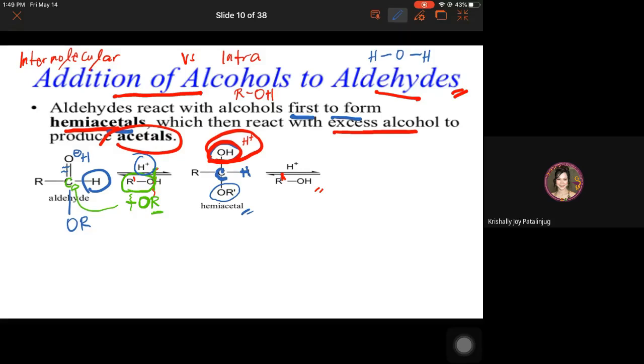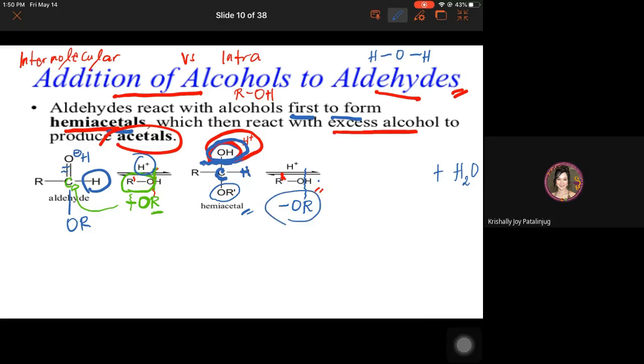That is why this will be removed from the system in the form of water. What happens in that part? Recall that the nucleophile we form from alcohol is the OR. So upon protonating the OH, it will be lost from the system and replaced by the nucleophile OR.